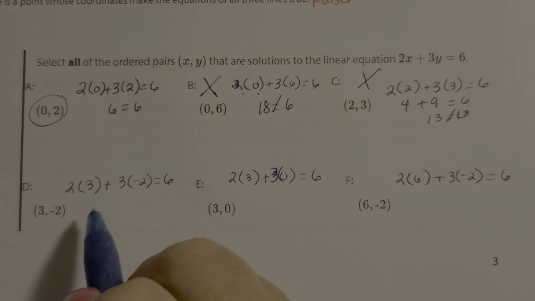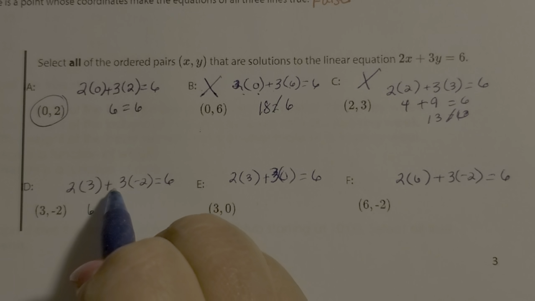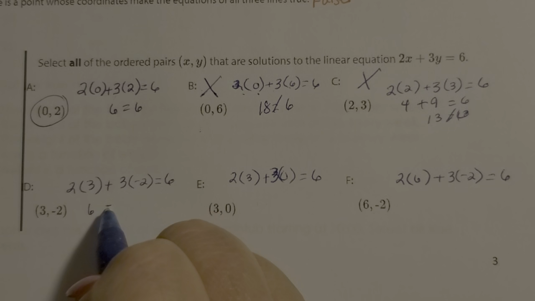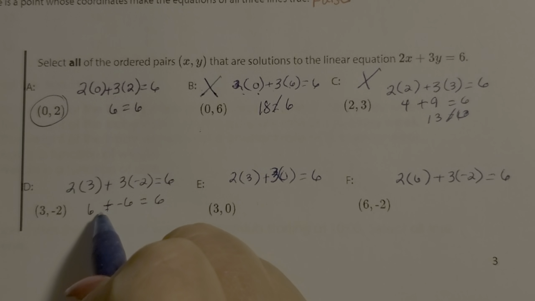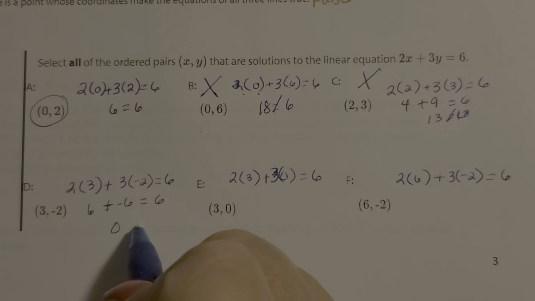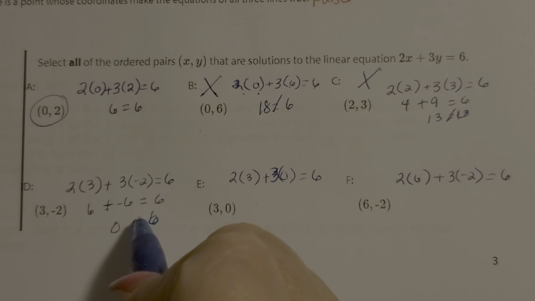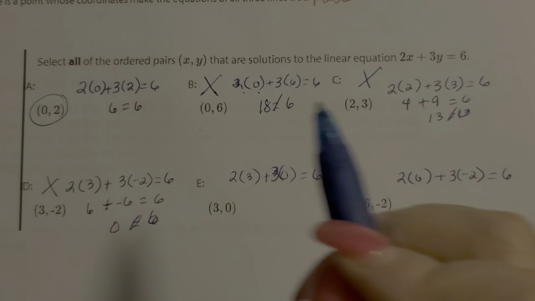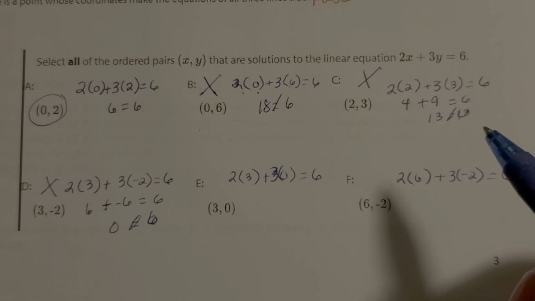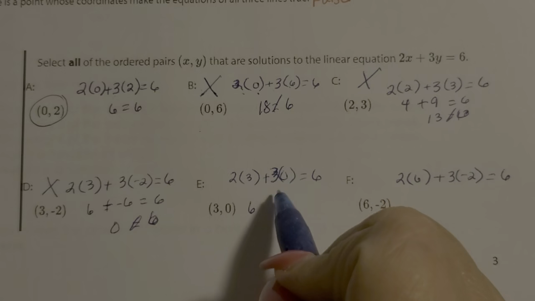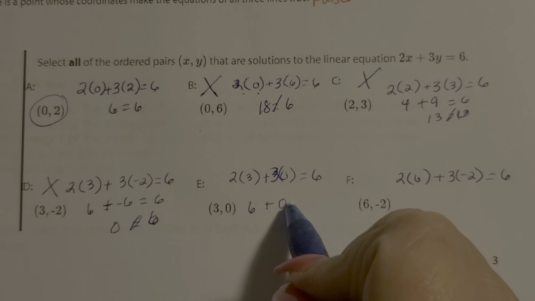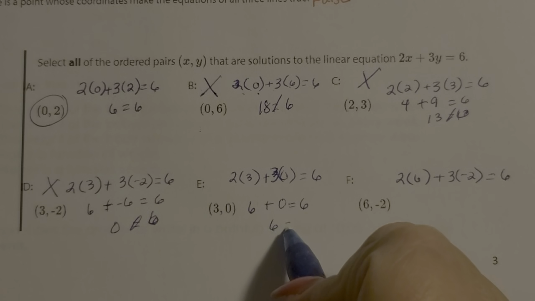D, 2 times 3 is 6. 3 times negative 2 is negative 6. Negative 6 and positive 6 is 0. 0 is not equal to 6. Therefore, this is not a solution to that equation. 2 times 3 is 6. 3 times 0 is 0. 6 plus 0 is 6.